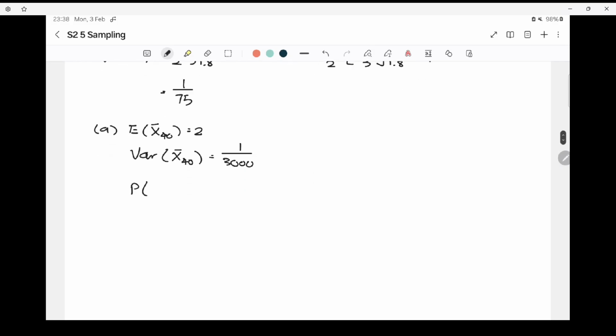So you want this to be greater than 2.05. What you will need to do is to perform the calculation as usual. So this is 2.05 minus 2, convert to z score.